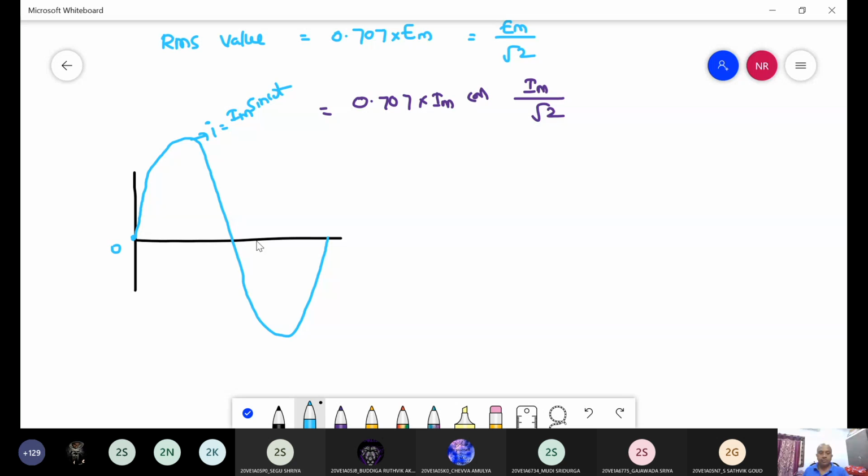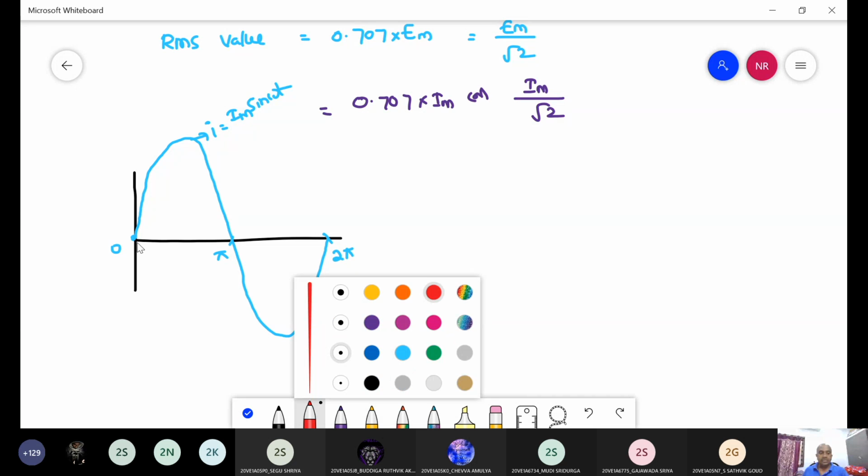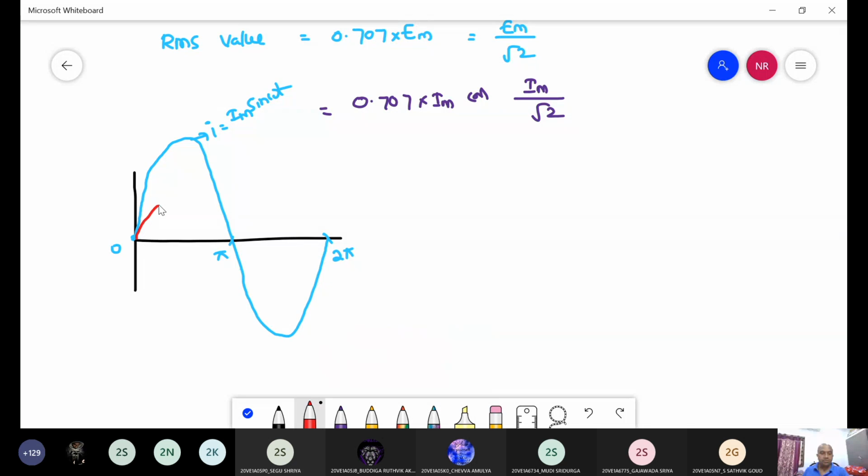Because it started from 0, here it is pi, here it is 2 pi. Then another alternating quantity: the magnitude may be different, but this is also reaching its maximum and minimum values at the same time interval, right?